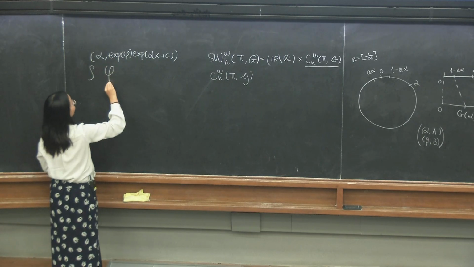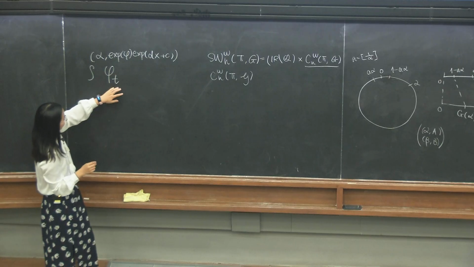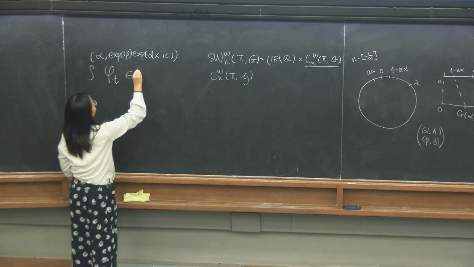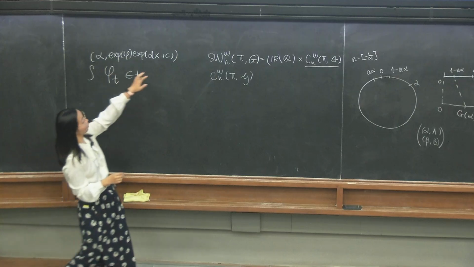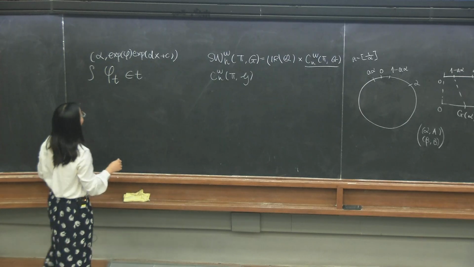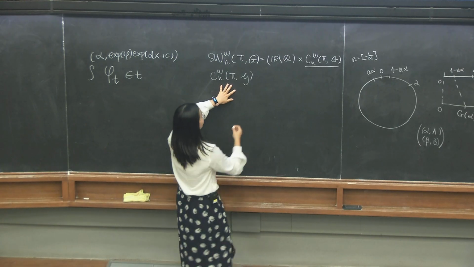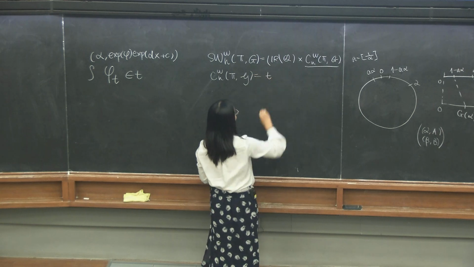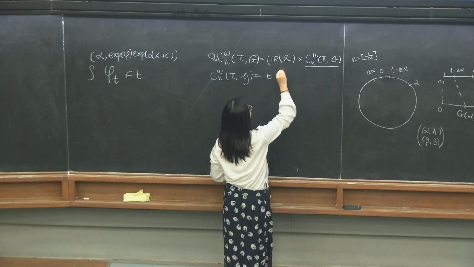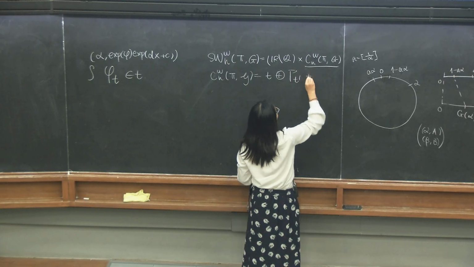If we project phi onto the t part and do the integral, this constant in t can always be absorbed into c, into the t part. So it's natural that when we're decomposing the space of phi, we have a t part individually. And then the other one, I will go one by one.